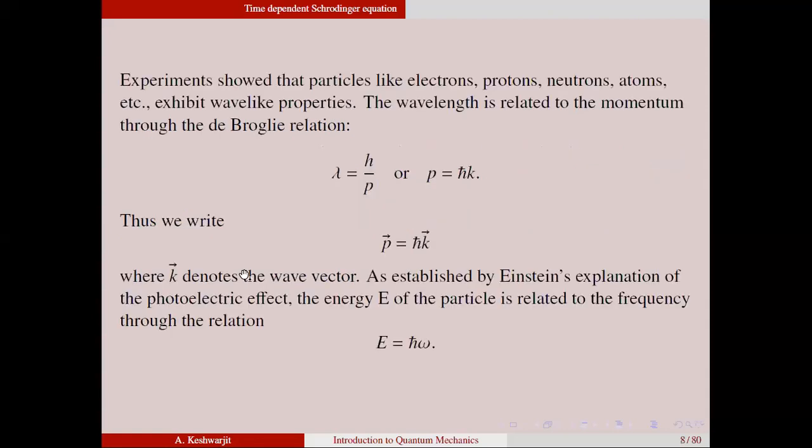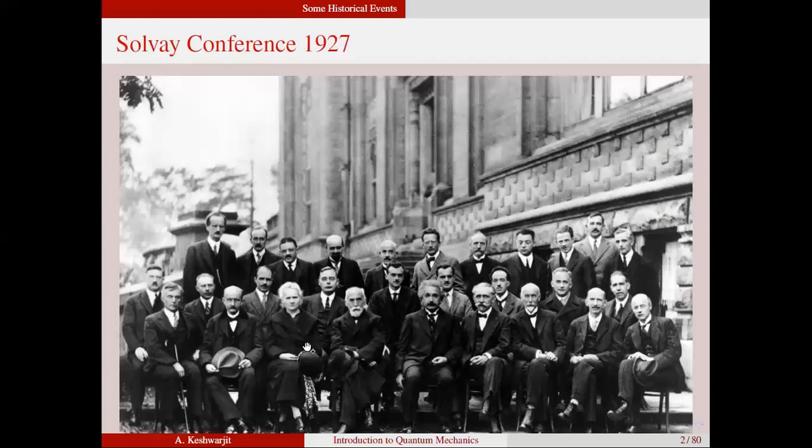Schrodinger put forward the wave mechanics, and then Heisenberg put forward the matrix mechanics, and then in 1927-28 Dirac showed that wave mechanics and matrix mechanics are one and the same thing. So in this course, we are going to study the wave mechanics put forward by Schrodinger.